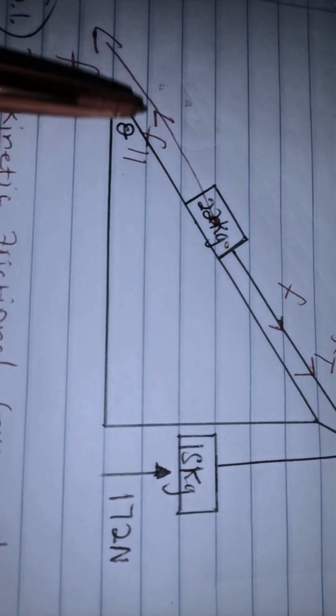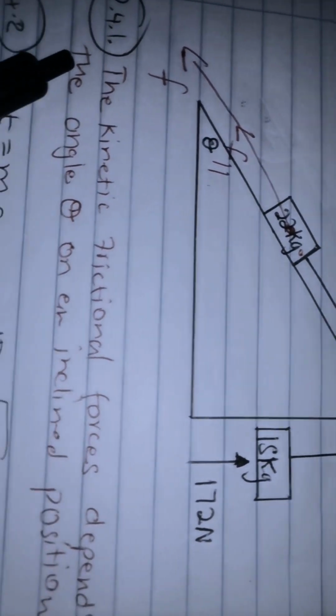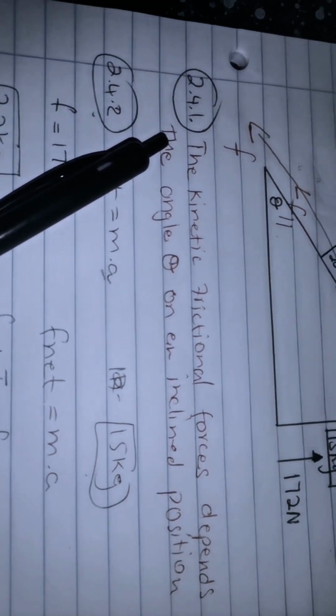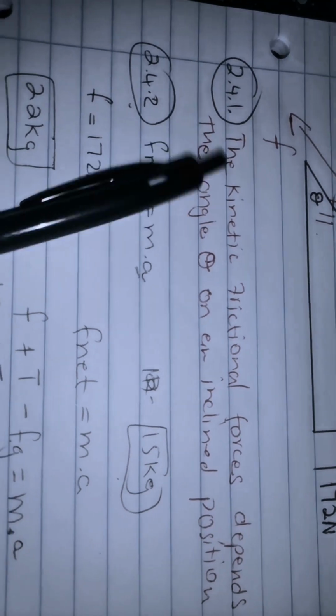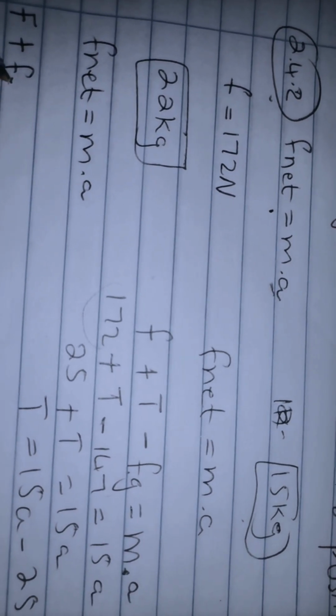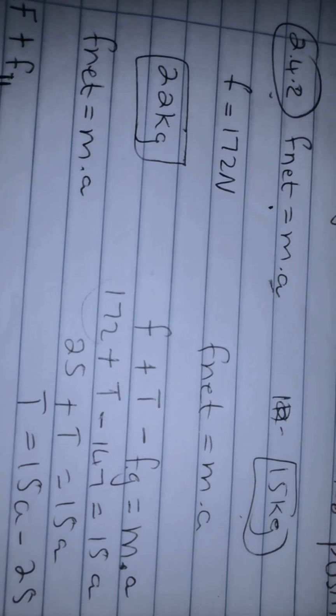Our block is going downwards. F parallel is always going downwards, all the time, guys. Let's come back here now and substitute. Force plus F parallel. Fg parallel is not a problem.